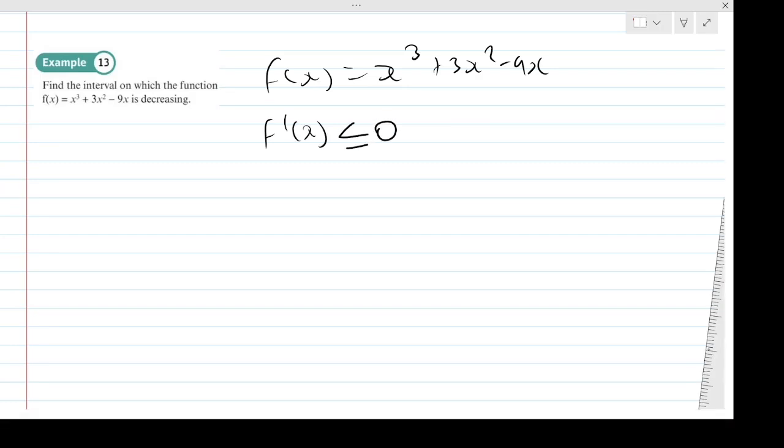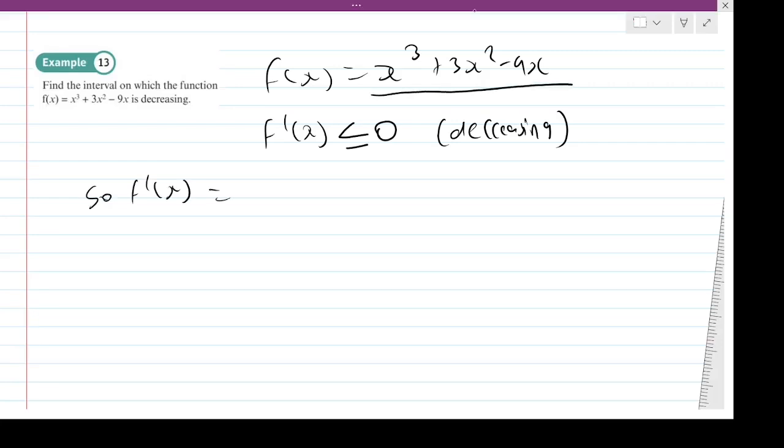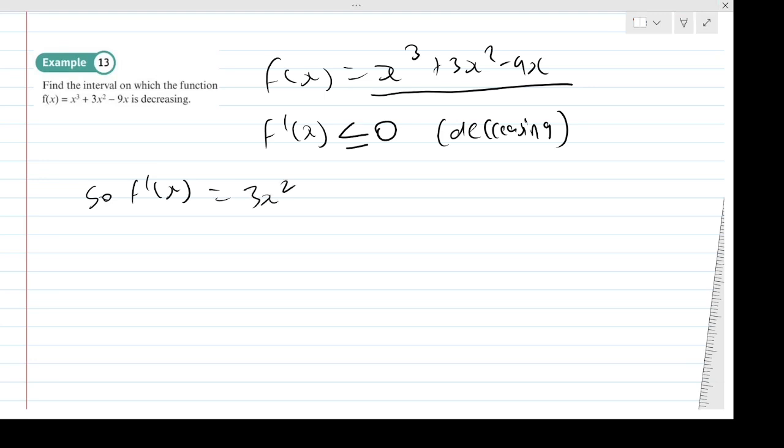If we were to do that, so that means it's decreasing, let's compute the derivative, right? If we differentiate the function, x cubed will go to 3x squared, 3x squared will go to 6x, and minus 9x will go to minus 9.